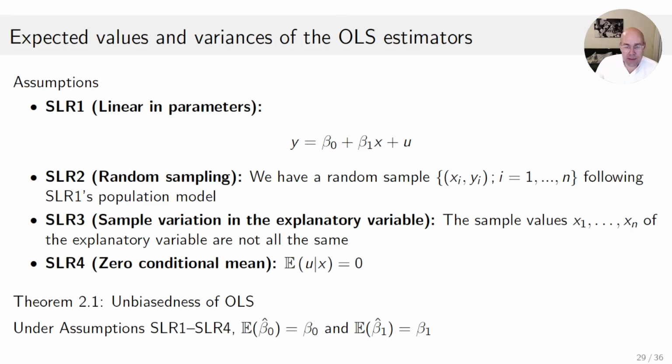So loosely speaking, we're estimating the right thing on average across random samples that we get in our data.